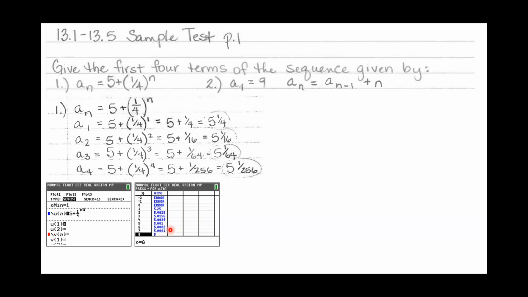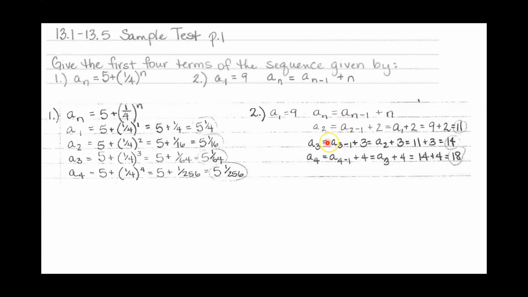All right, then for number 2, we have a recursive sequence. Number 2 says a sub 1 is equal to 9, and they want us to, again, find the first 4 terms of the sequence. So there's the first one. I want to find a sub 2, so I'm going to put 2 in for n. That gives me 2 minus 1 is a sub 1, and then 2 in for n would be plus 2.